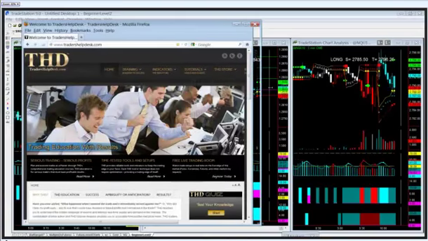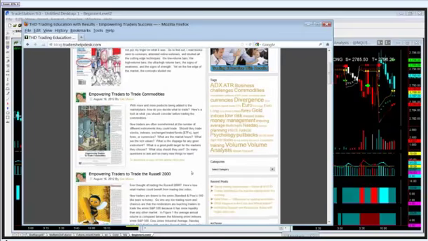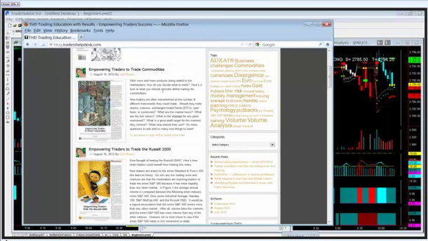If you go to our website and go to our blog, I've written some really interesting articles that were published in Stocks and Commodities, where I look at the Russell, I look at the ES, I look at the currency futures, I look at all of the different commodities. Which ones are better for you to trade, and when can you trade them? That's the other important question.